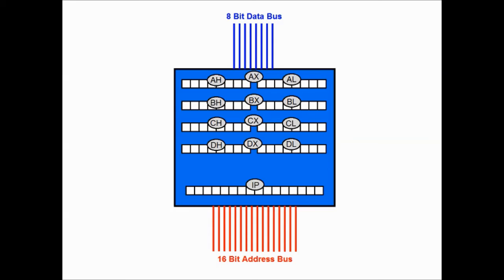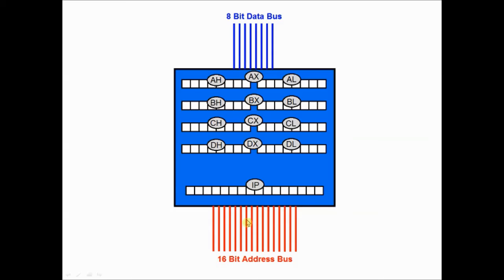Now if we look inside the CPU, and this is a very rough drawing of what it looks like, very basic, but there are 4 16-bit registers called AX, BX, CX, and DX, but you can at any time access just any of the 8-bit registers either as AH or AL. There's also a 16-bit register called the instruction pointer.